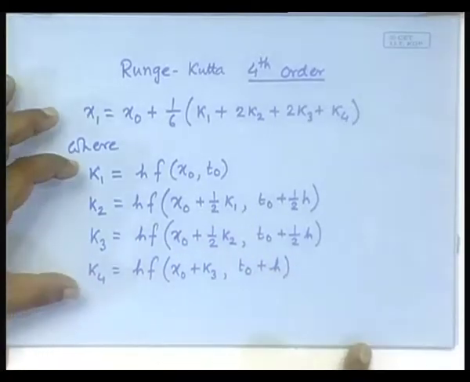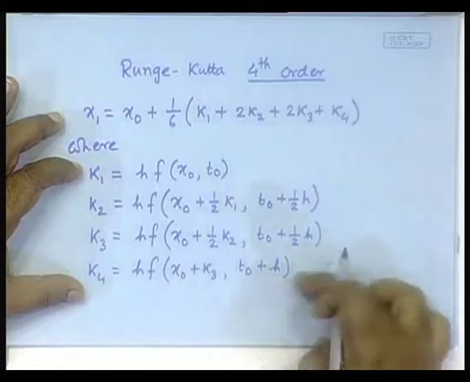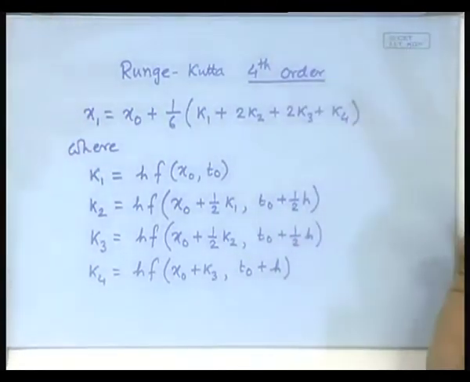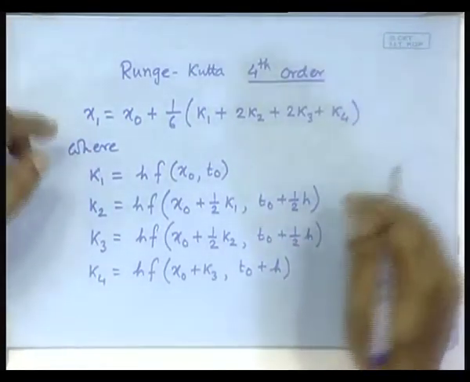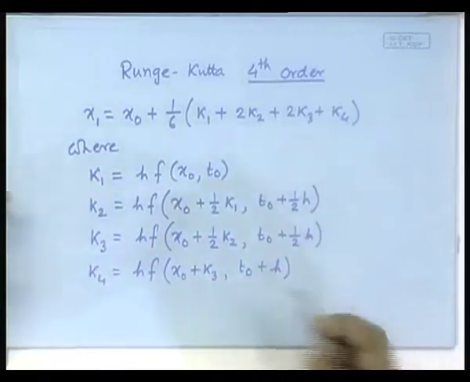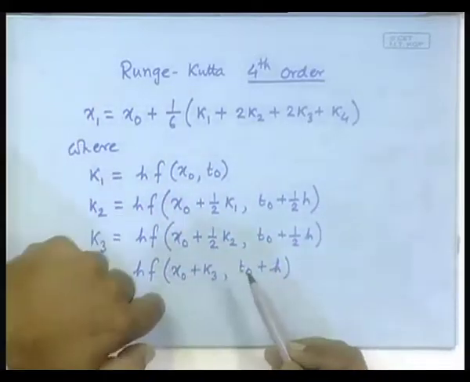Okay. So, once you have calculated this you can substitute it here and you can get the first step. Then the second step is exactly the same, only in place of x naught you substitute x 1 and so on and so forth.